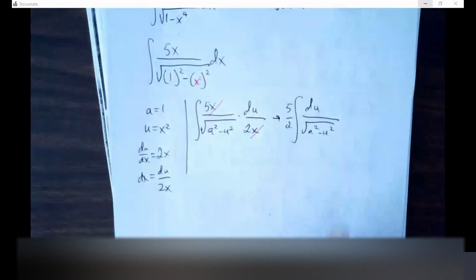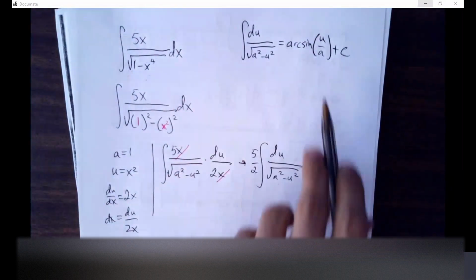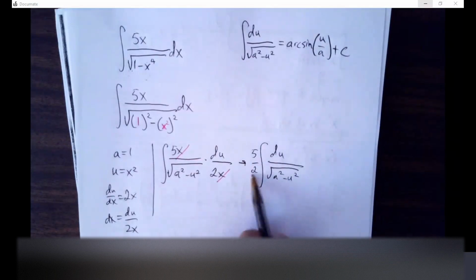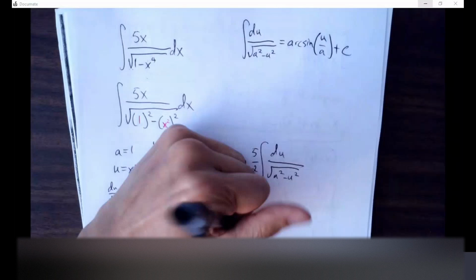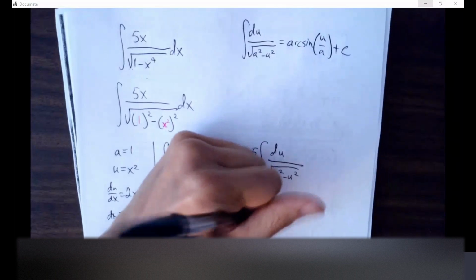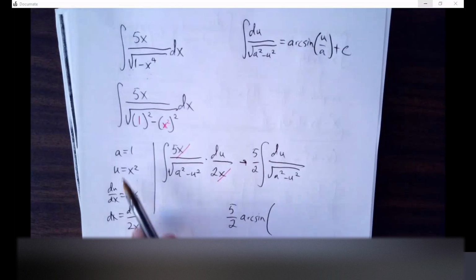X's cancel out. I have a perfect match. I'm just going to follow the rule. The 5/2 is going to end up being part of my answer. My u and a value, x squared over 1.